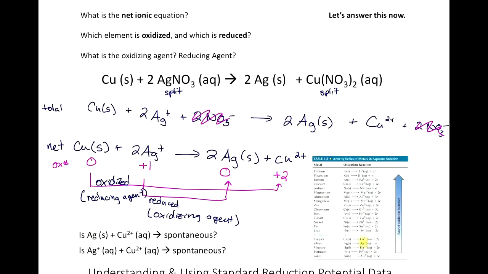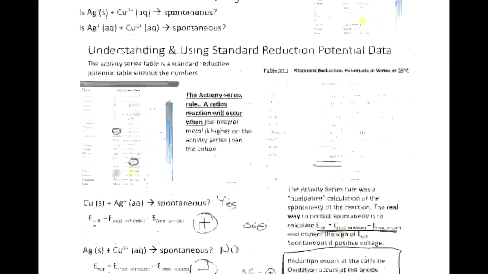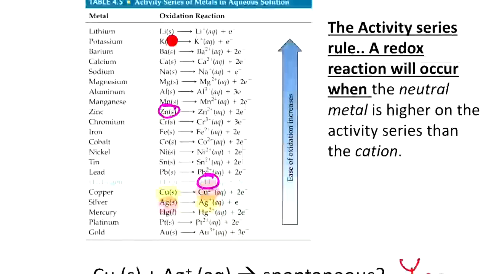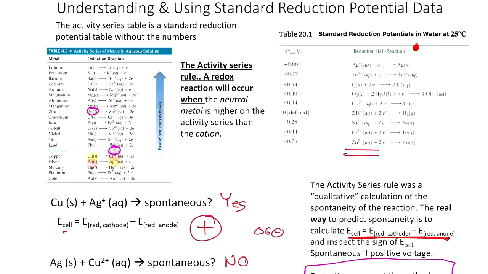Okay, so we answered this question, with silver and copper. We said that 2 electrons are being transferred, and so here's our standard reduction potential. All of these half reactions, in this way, are written in the oxidation form, so they're all written as the solid becoming the ion and releasing those electrons. In this chapter, we're going to look at standard reduction potentials.